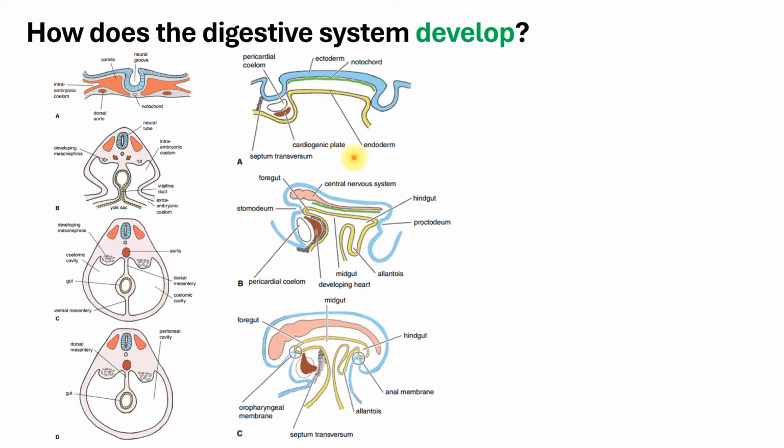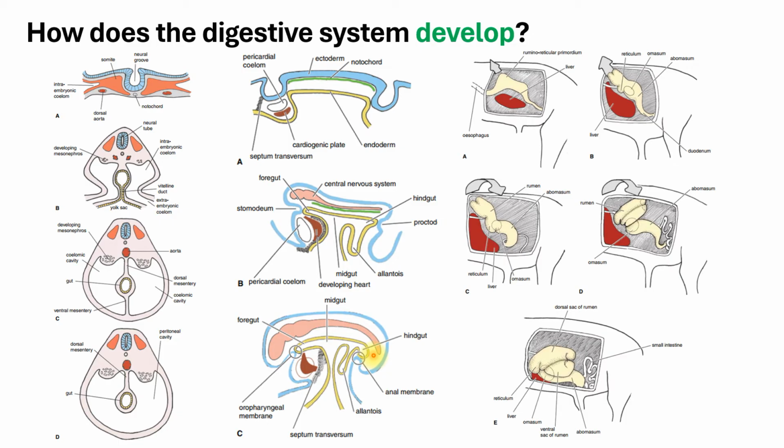And this diagram shows the formation of the foregut, the midgut, and the hindgut. So these different primitive parts of the gut will eventually give rise to the more specific areas of the GIT that we will discuss later. Okay? Depending on the species, further developments are needed depending on how their stomach looks.